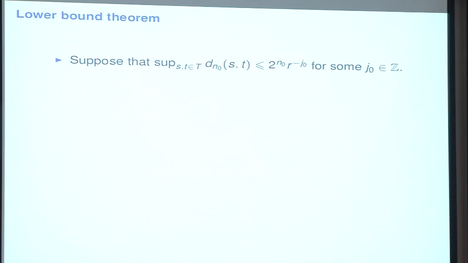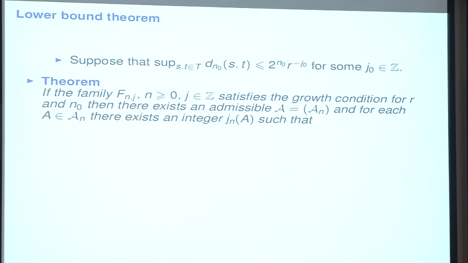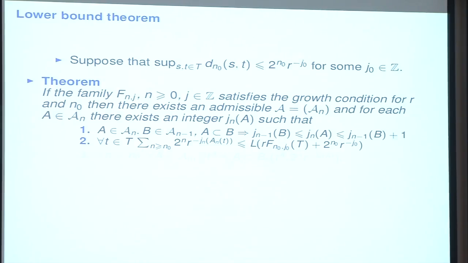So why is such a growth condition of importance? Because whenever we have a growth condition satisfied, there is a proof which Jelani told us in the morning in the special case of Gaussian partition scheme. The lower bound is based on the construction of some partition, and the partition is admissible, the first one.